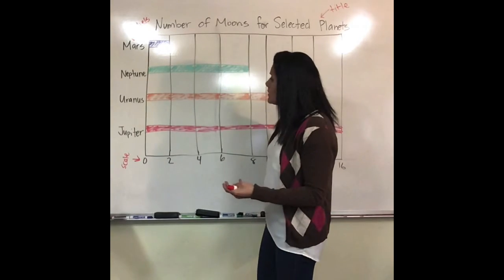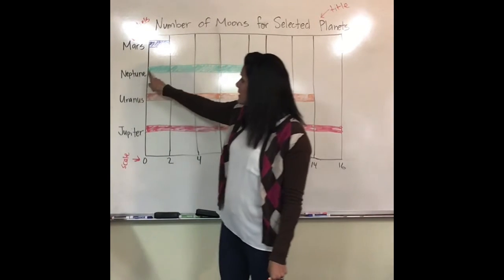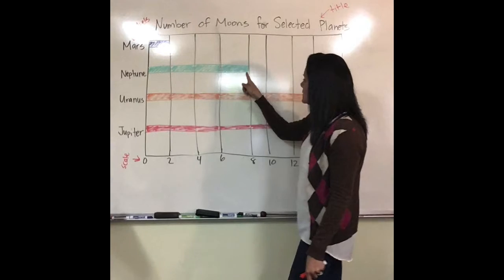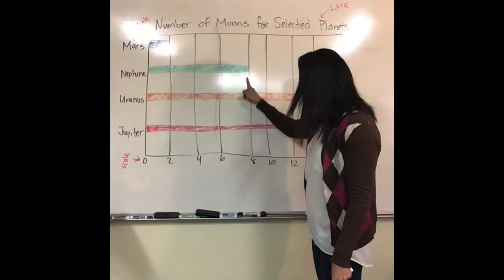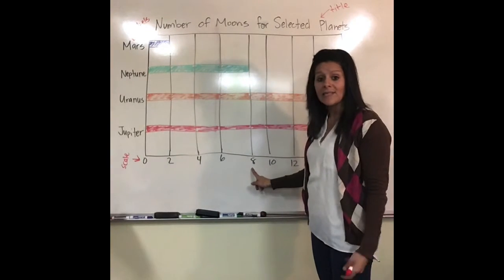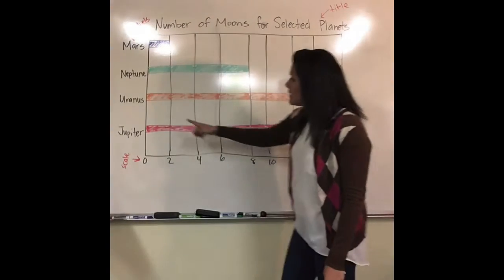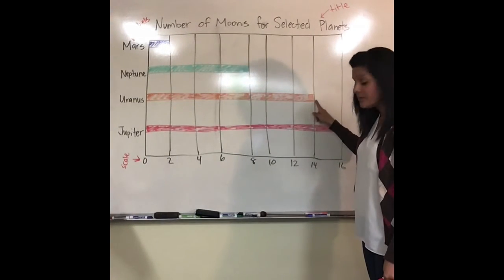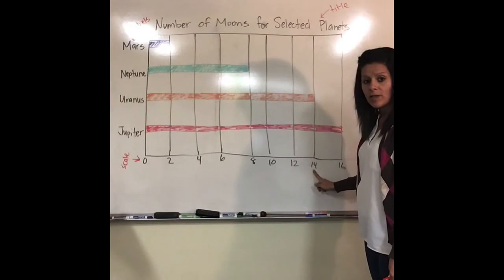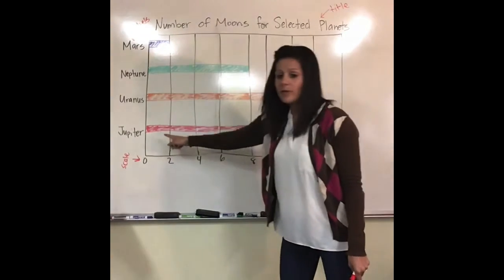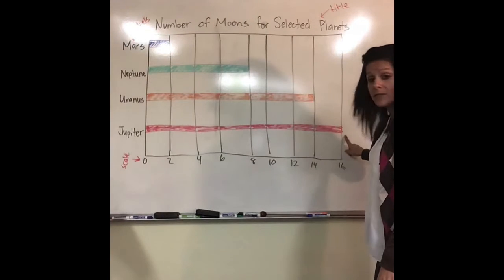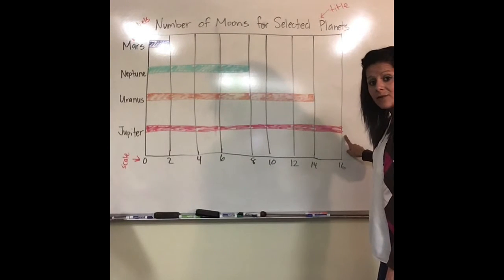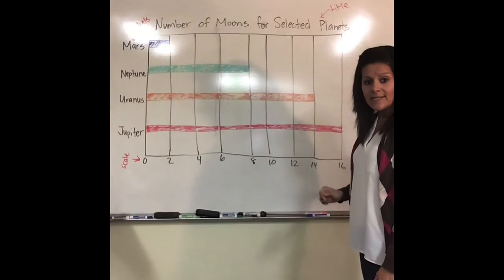Now if we continue on, you can see Neptune. Neptune goes a little further, it stops at this line, and it goes down, we can see that that has 8 moons. Uranus, we go all the way over here, stop at this line, you can go down 14 moons. Jupiter goes all the way to the end of the graph, and you can see that means he has 16 moons. Very easy to read.